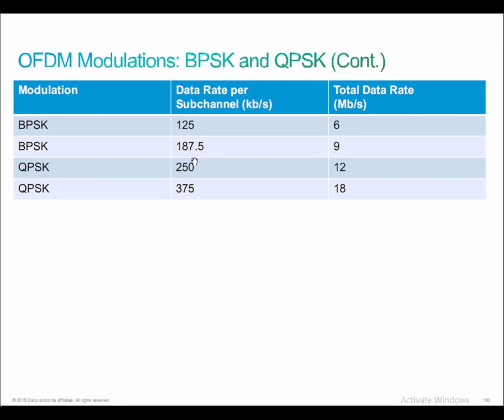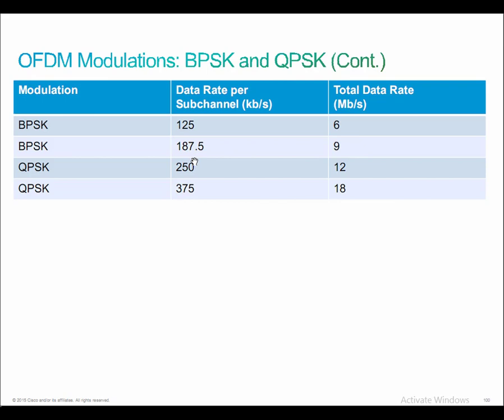With QPSK, each carrier bears 250 kilobits a second. That allows us 12 megabits of total throughput. But we can increase that density, like I said, to 375 kilobits per second per tone, which gives us 18 megabits a second of throughput.